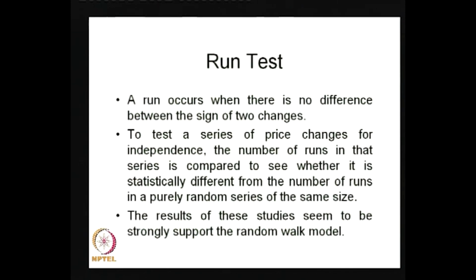The results of these studies strongly support the random walk model. That means, as we discussed in the beginning, the stock market follows the random walk model, or we cannot predict the market by looking at past data. So, in the run test we can test whether your market follows a random path, or whether the market can be predicted by analyzing past data.